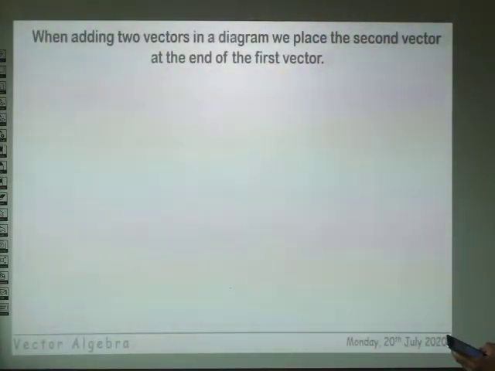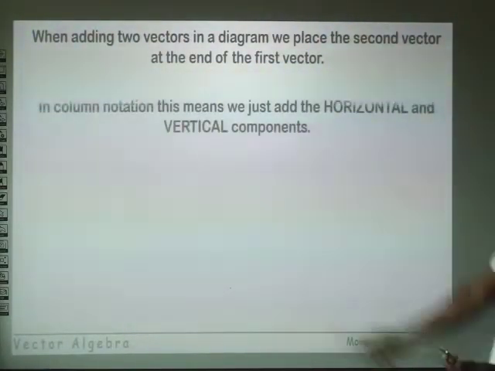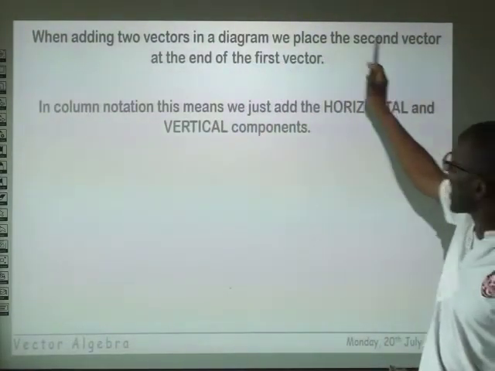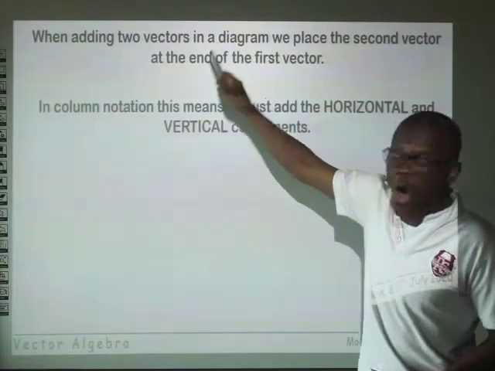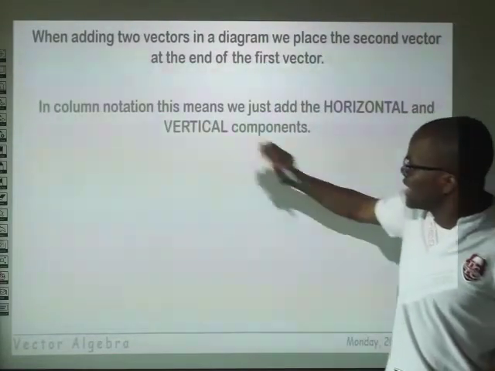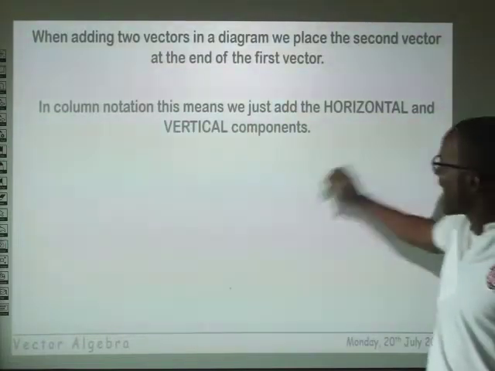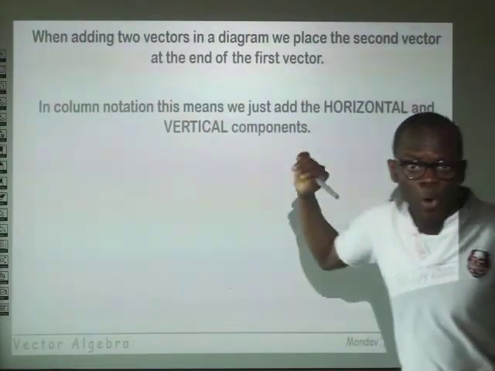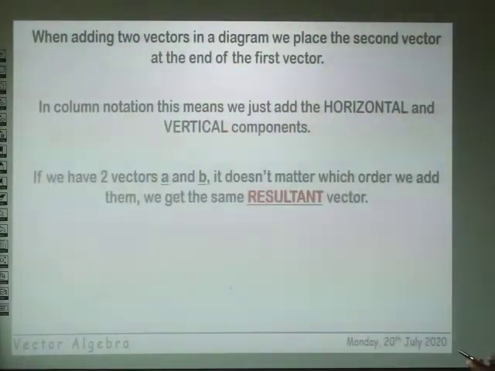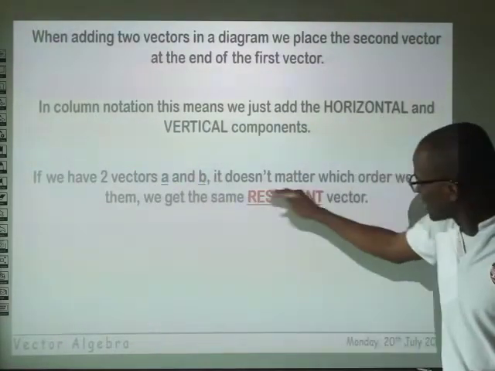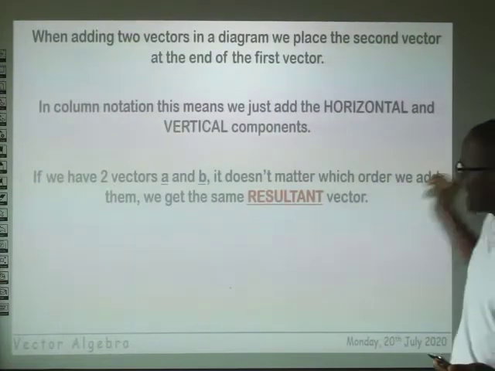Okay, now I've got some information for you here. When adding two vectors in a diagram, you place the second vector at the end of the first vector. In column notation, this means we just add the horizontal and vertical components. So if we have two vectors A and B, it doesn't matter which order we add them.